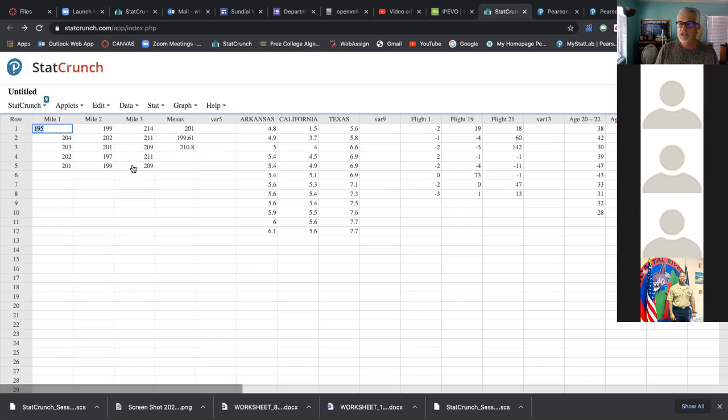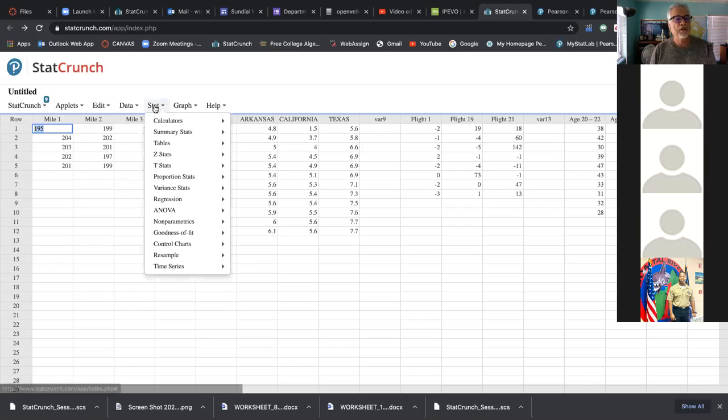And let's do 2 things now. Let's do the StatCrunch calculation of the F stat. And again, we'll go to the Stat menu here, and notice that in this list, you've probably ignored it all semester because we didn't need it, but here you have ANOVA. So we're going to use the ANOVA function. We're going to use it in the one-way manner. Now, I'm not going to cover section 2 in chapter 12.